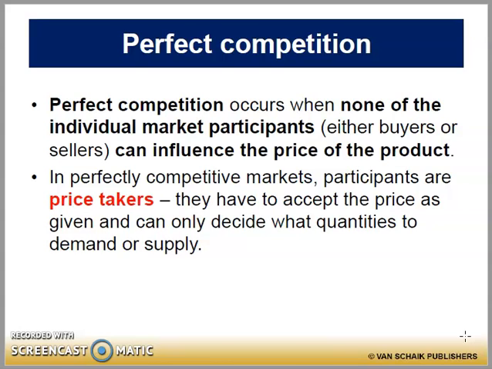The price is determined by the interaction of demand and supply, and all participants have to accept that price. So in perfectly competitive markets, all the participants are price takers, meaning that they have to accept the price as given and can decide only what quantities to supply and demand at that particular price.